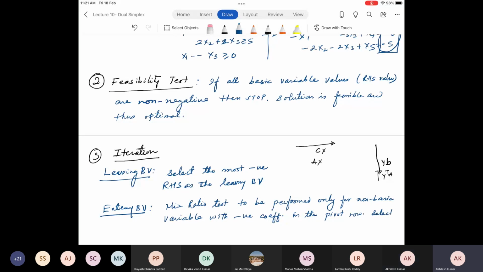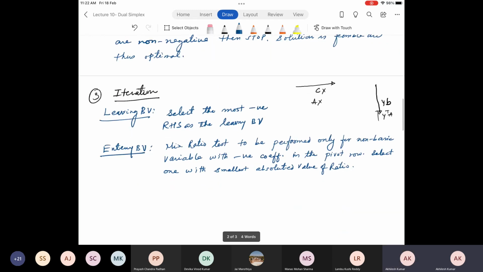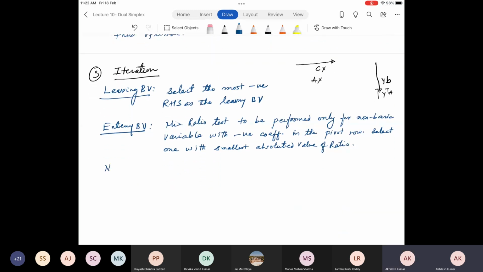Select the one with the smallest absolute value of ratio. Then the next step is, as usual, the new BF solution. Solve for the new basic solution.